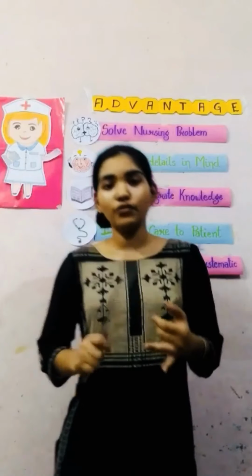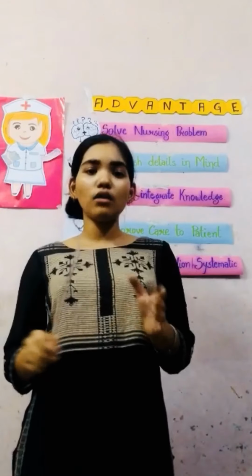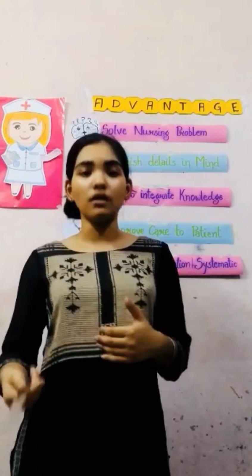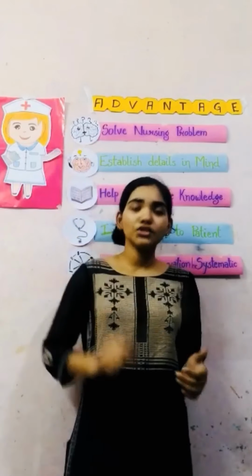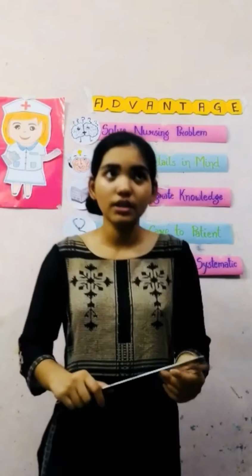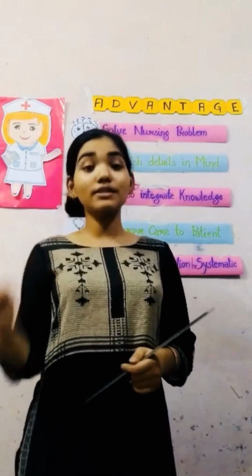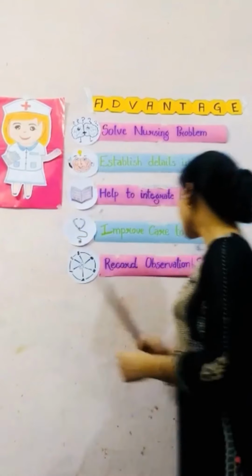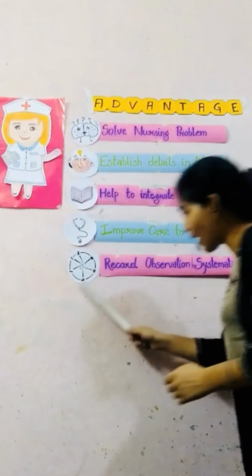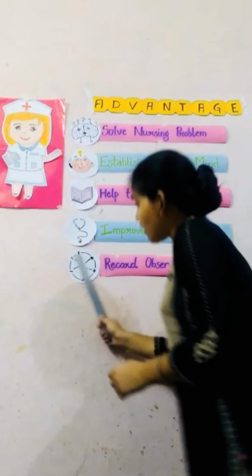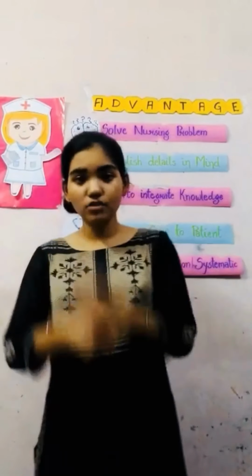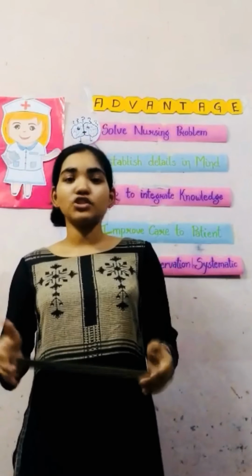About the color, frequency, amount, and the content, all those things are to be observed by the nurse. In the morning she has seen, in the afternoon she has seen, and she has recorded all those things from morning till evening in a very systematic way. So it helps to record observations systematically.